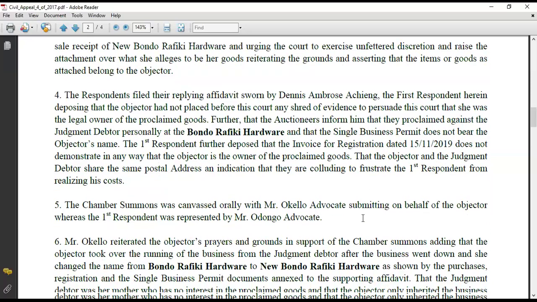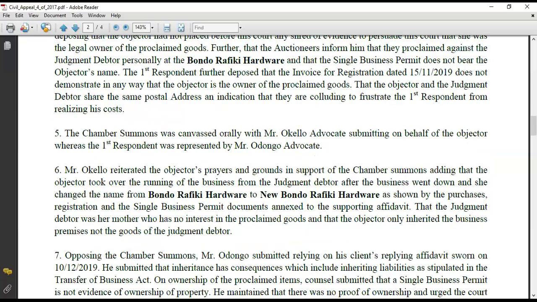So in answering the question, you will say that the dining set does not belong to Victor, the judgment debtor.